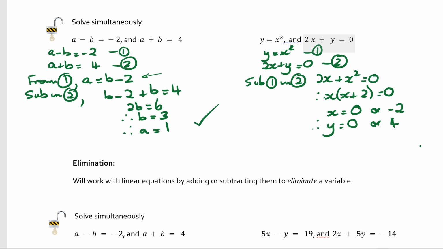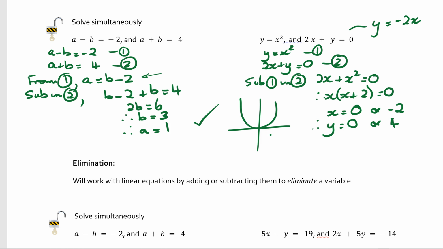Now what that corresponds to, just for what it's worth, is if I think of y equals x squared, that's that parabola. 2x plus y equals 0 is the straight line y equals minus 2x, which passes through the origin and has a slope of -2.